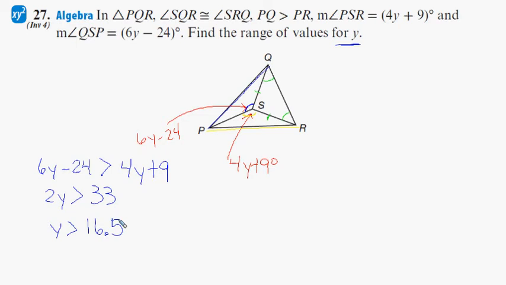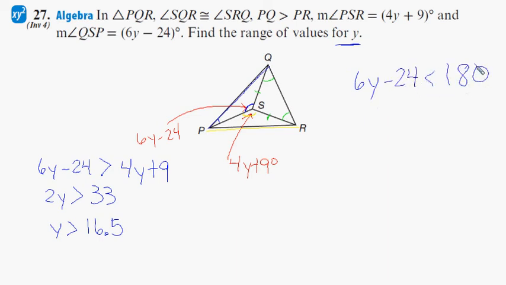That's all well and good, but just because it's bigger doesn't mean it's humongous, okay? It still has to be less than 180 degrees because it's one of the angles in a triangle. So it has to be less than 180 because there has to be some angle measures left for these guys, right? Okay, so we can say 6y minus 24 is less than 180.